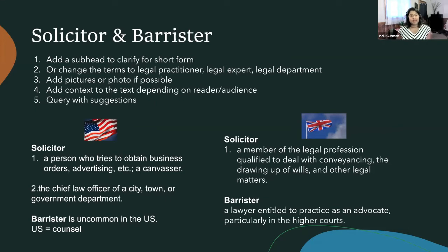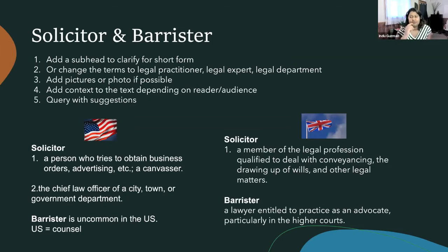So for solicitor or barrister, or if you come across words like that, you could add a subtext to clarify for short form, or change the terms to common ones, like legal practitioner, legal expert, legal department. Add pictures or a photo if possible. And you want to add context to the text, depending on the reader or audience. And if you're not sure, as an editor, you can query with suggestions.